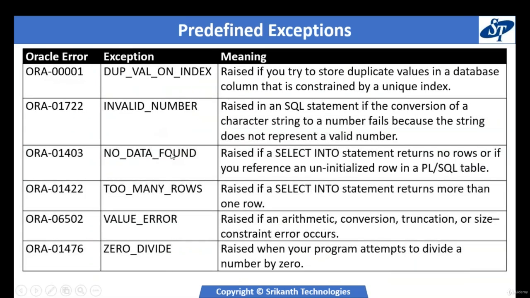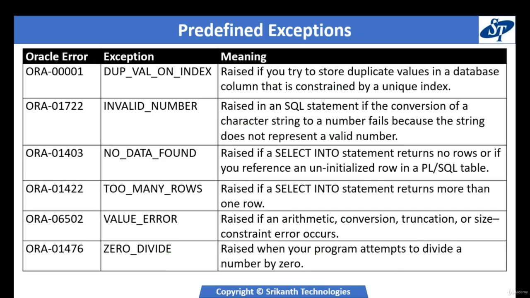Now, these are the predefined exceptions. We already used no data found, too many rows, but we also have some other predefined exceptions like dupe val on index. If you ever try to insert a duplicate value into a column that is supposed to be unique, you get this.